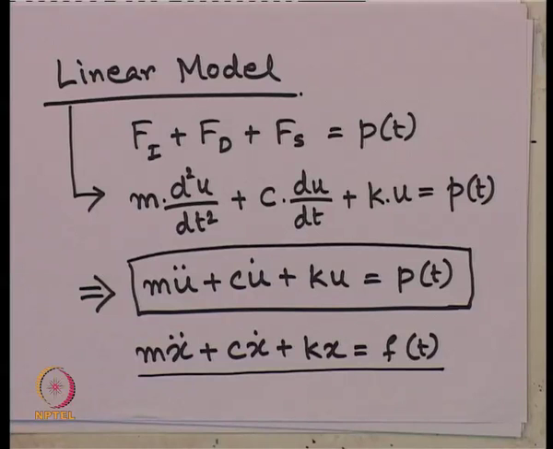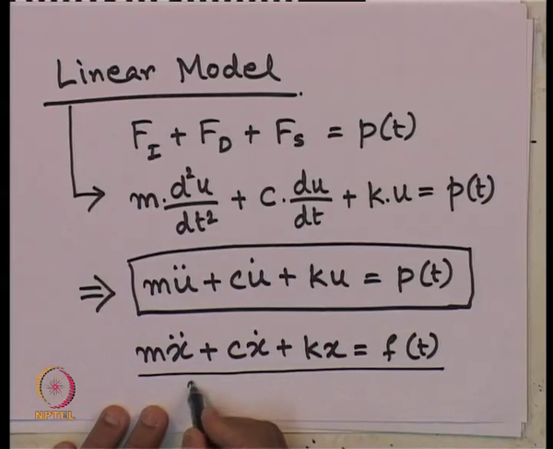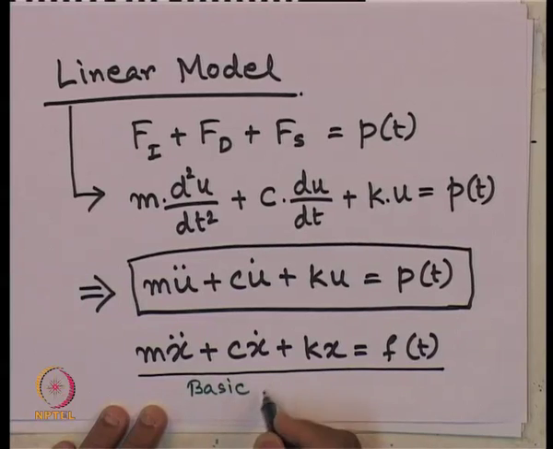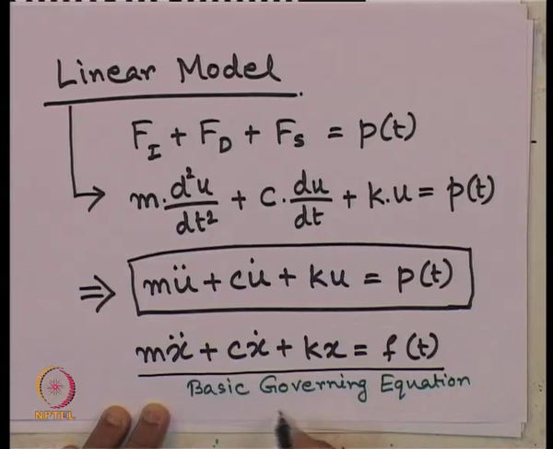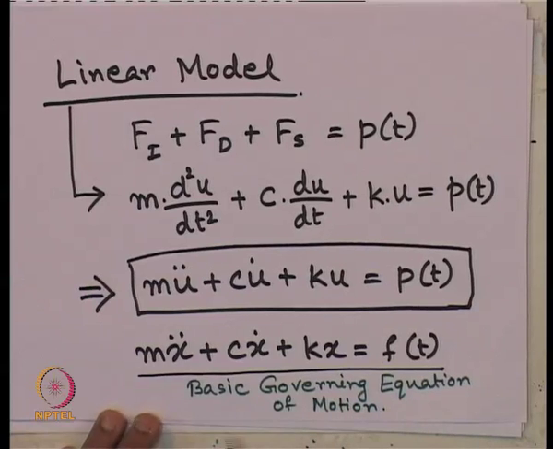So, this is called the basic governing equation of motion. The basic governing equation of motion for a single degree of freedom mass spring dashpot vibrating system is expressed as m u double dot plus c u dot plus k u equals p of t.